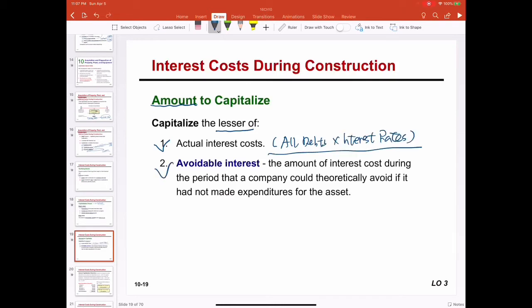The other one is avoidable interest cost. Avoidable cost is a relevant cost, which is a term we learned in Accounting 212. Avoidable interest basically is, if we do not construct this specific asset, this interest will be avoided.